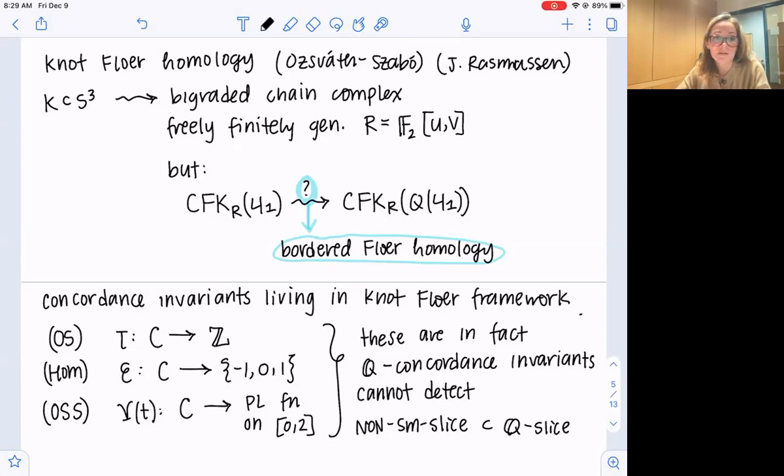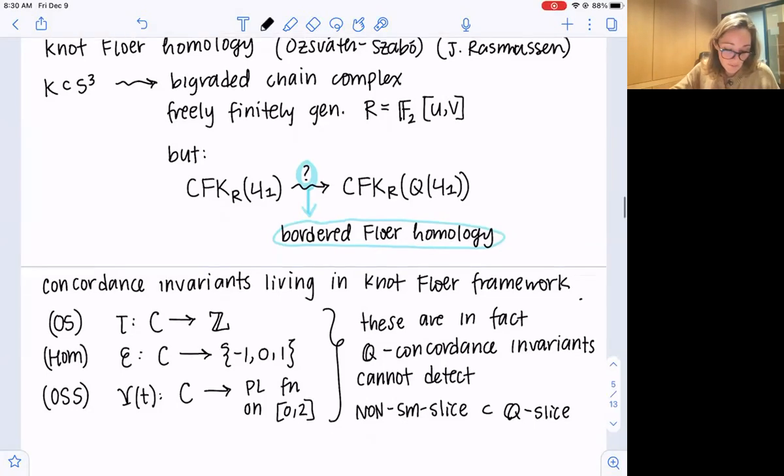Somehow all of these concordance invariants vanish for our knot, and so do other invariants, the s invariant coming from Khovanov homology, and even several other smooth concordance invariants. So basically everything vanishes for the knots that we have because they're rationally slice.